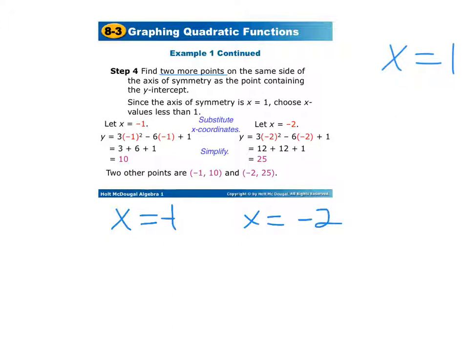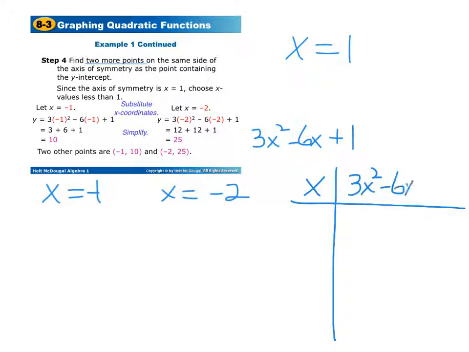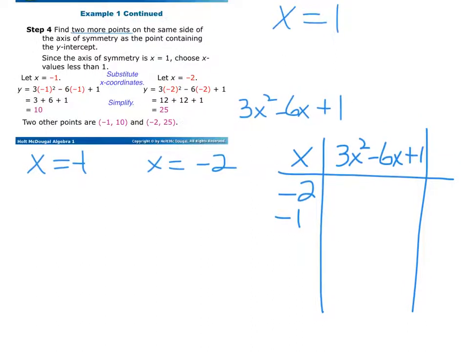So now you're going to take your original equation, the 3x squared minus 6x plus 1. Essentially, what you did in this table back in lesson 1, we're doing without a table. Since we're picking -2 and -1, we've already done 0, because that was the y-intercept.